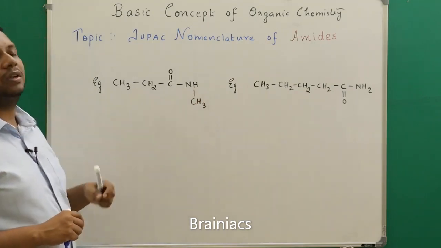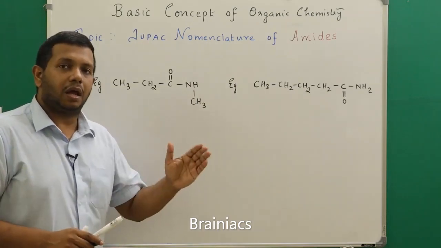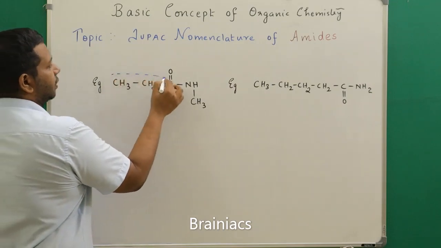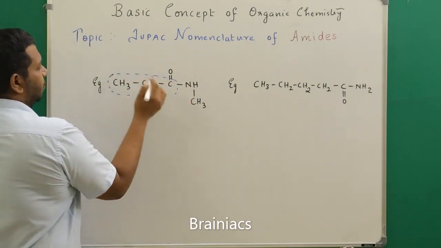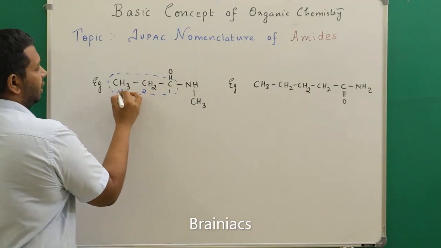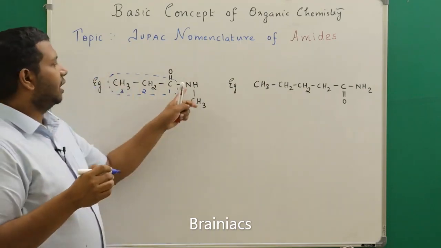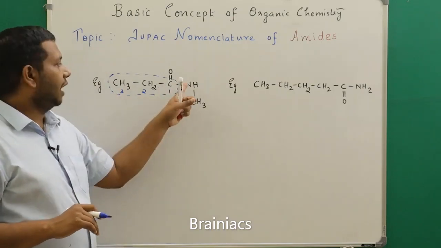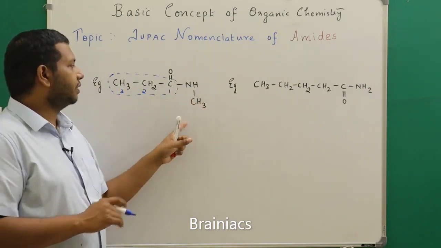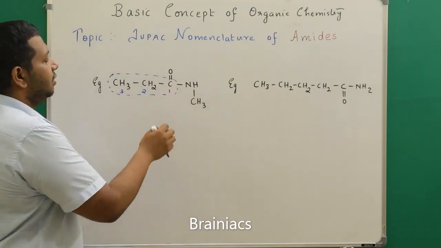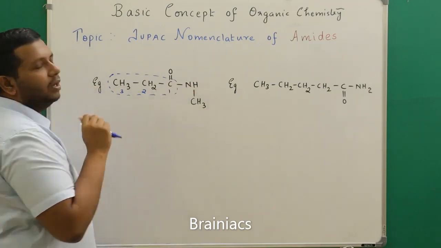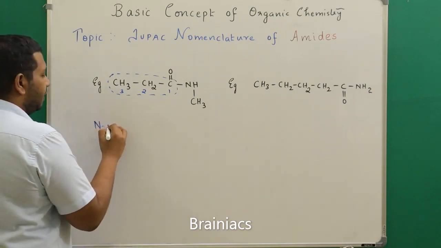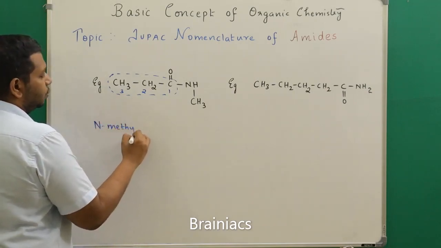In this case, as we learned, what should be the name? Alkyl alkanamide, correct? So let's say my parent carbon chain is this one here, correct? So I should start numbering 1, 2, 3. I know that it should be alkyl first, then alkanamide. So tell me which alkyl group is present here? Methyl. Since it is coming from the nitrogen, in standard notation we say N-methyl.